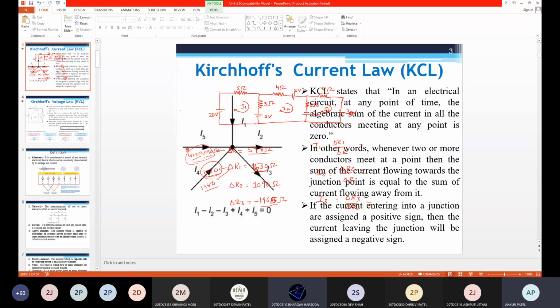Okay, I am just checking the answer. Your delta that is equal to 598. Are you getting 598 delta?